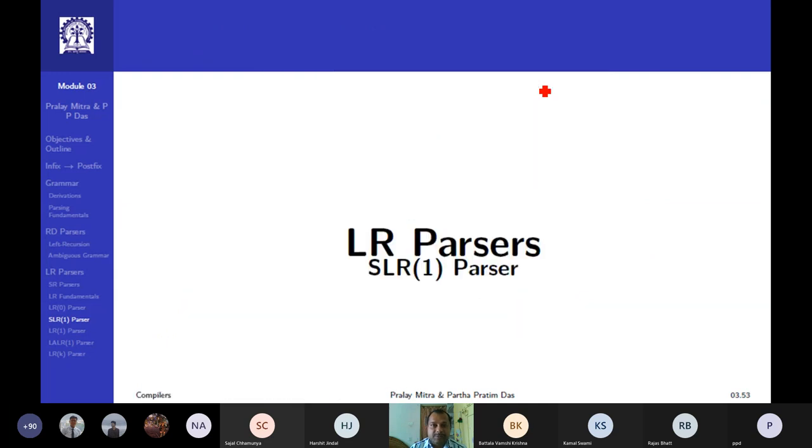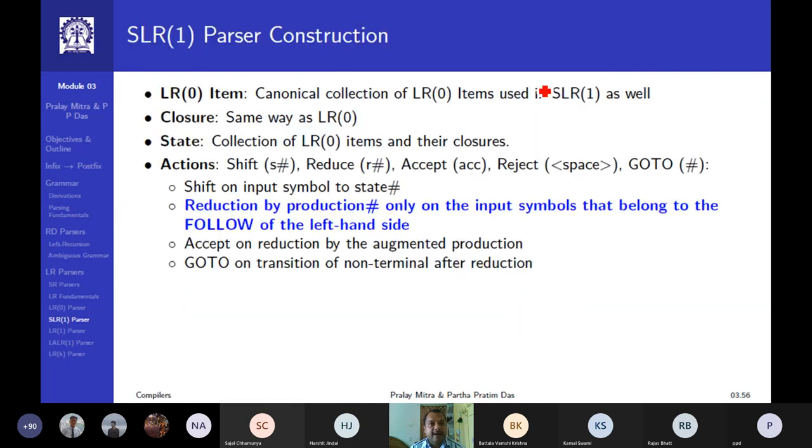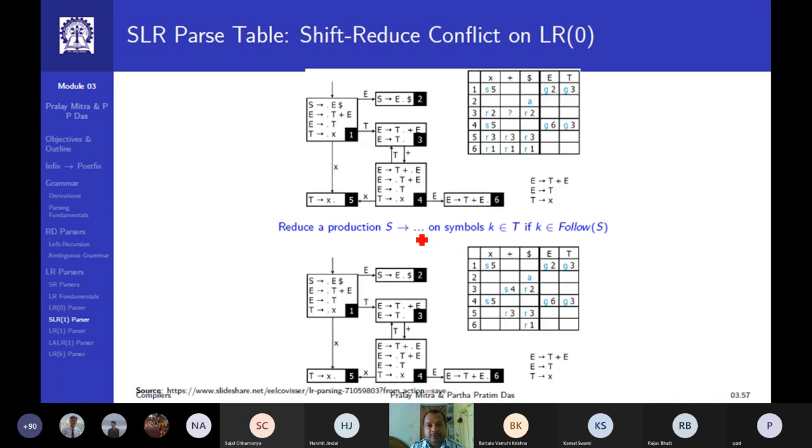In order to deal with this problem, the SLR parser suggests that the only modification is done at the blue line. It suggests reduction by a production only on an input symbol that belongs to the follow of the left-hand side. So if it is part of the follow, then you reduce, otherwise you will not. That's why for that particular grammar, with this parsing table, my confusion is at state 3.